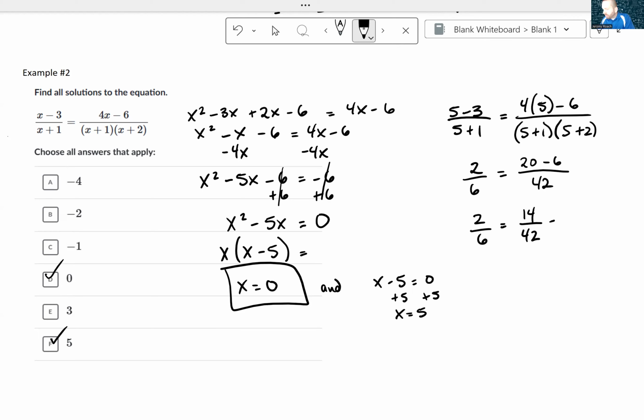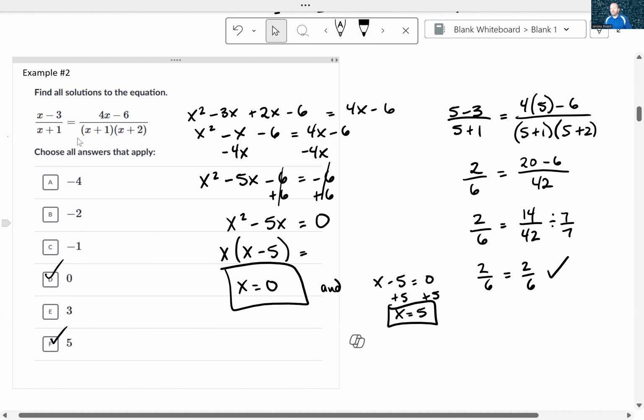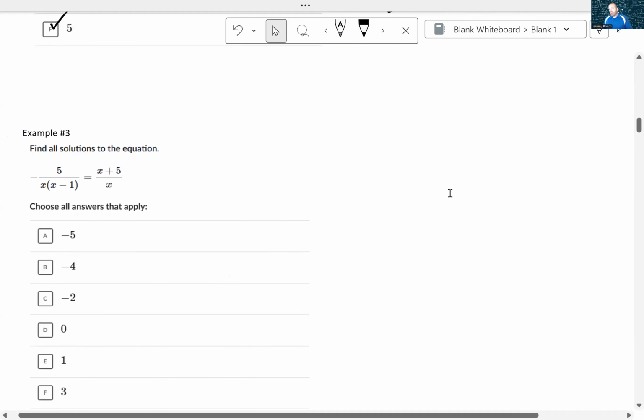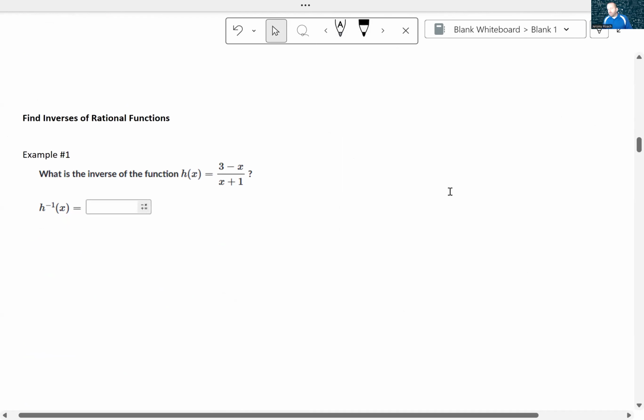And if we divide by 7 over 7, 2 over 6 equals 2 over 6. And that's a true statement also. So x also equals 5. All right, so it's very important to check for extraneous solutions with rational equations. Usually you can just plug in the denominator and see if it gives you 0 or not. We're going to skip example 3. It's just the same basic steps as before.